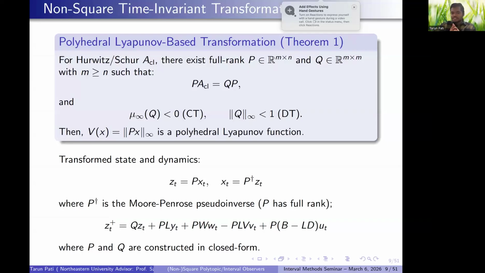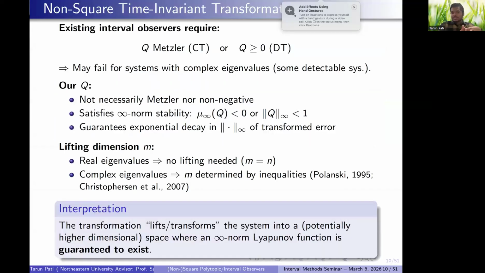This theorem only states that there always exist P and Q. In our lab, we have an algorithm that we use to construct the required P and Q for any detectable continuous or discrete systems. Existing interval observers mostly require this transformed state matrix Q to be either Metzler or positive, as I've said, for positivity or cooperativeness, and may fail for systems with complex eigenvalues.